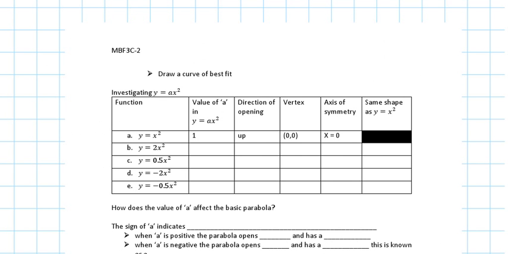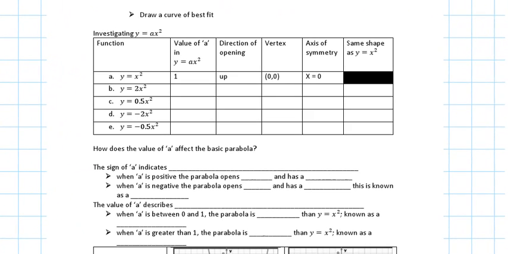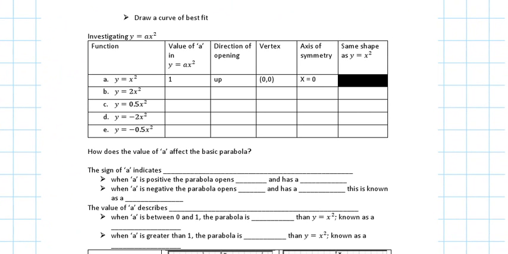I'm going to go to my desk and then we're going to explore what happens if I have something multiplied by the x squared. Remember that your parent function is y equal x squared. What if your function is y equal 2x squared?